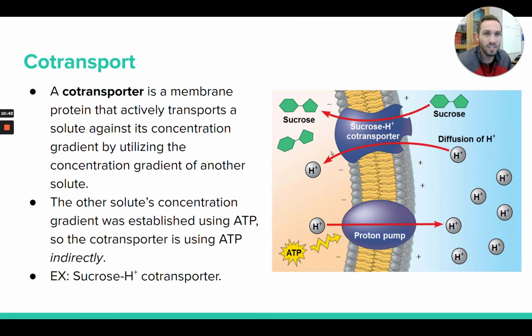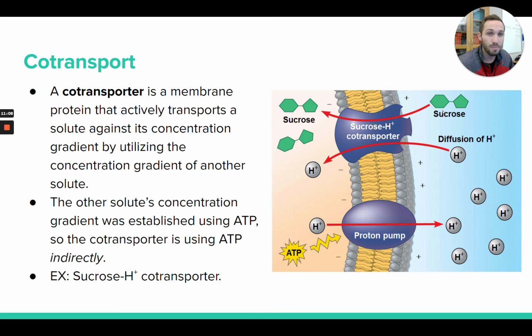Now in this picture, there's a good example of something called the sucrose proton co-transporter. This is found in plant cells. And this guy moves both sucrose and hydrogen ions across the plant cell membrane. What's happening here is the hydrogen ions are moving down their concentration gradient from high to low, which is what the universe would want.